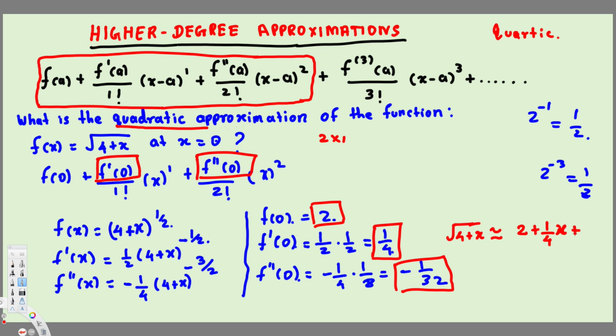So instead of putting positive, I can directly write the negative here. So here we have negative 1 over 32 divided by 2, that's the same as 1 over 64, so negative 1 over 64 x squared.